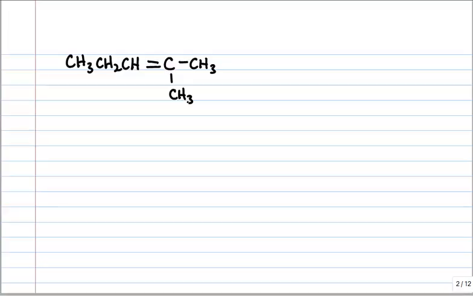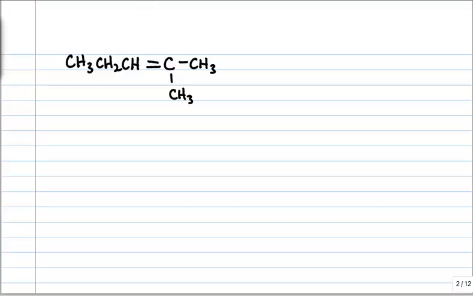So the rules for naming alkenes are, you're going to have to harken back to the rules for naming alkanes. Remember, alkanes are all carbon-carbon single bonds. In this case, you want to find the longest continuous chain of carbons that contains the carbon-carbon double bond. And you want to start numbering the chain such that the carbons of the carbon-carbon double bond are the lowest number possible.